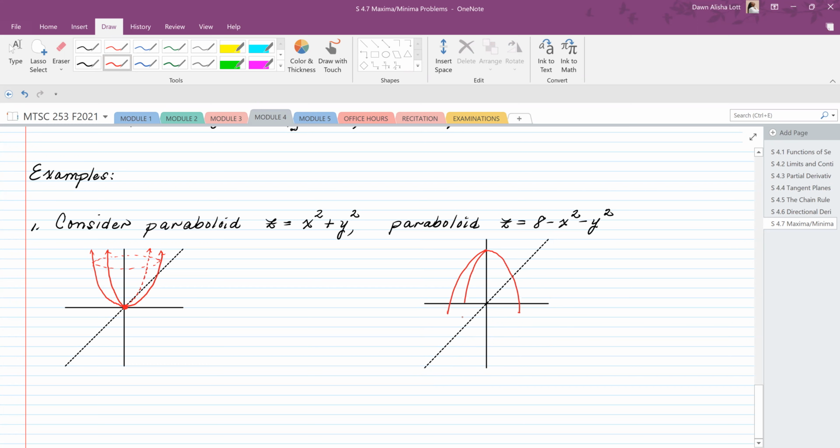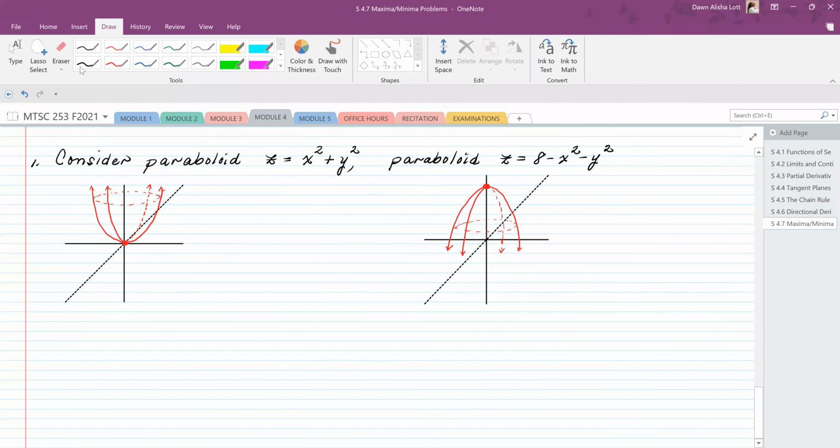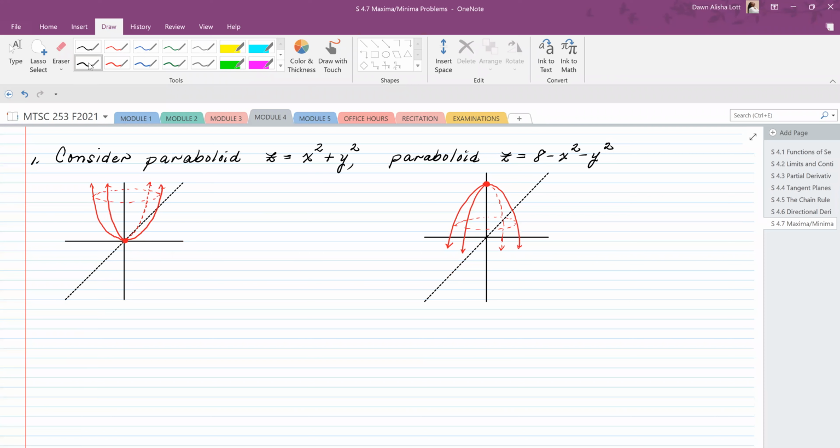And it did the same thing in x. And if you remember, it also went like this. And so clearly right here is a max. All righty. So those are easy. No problem at all.